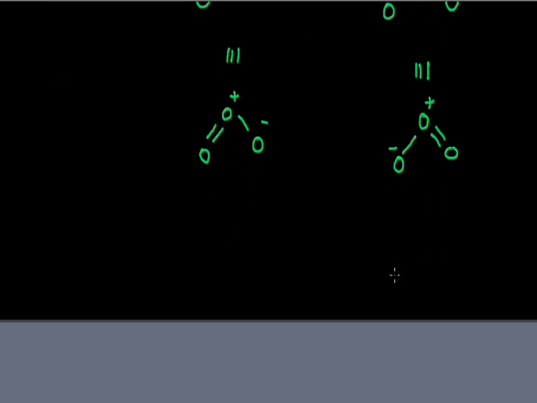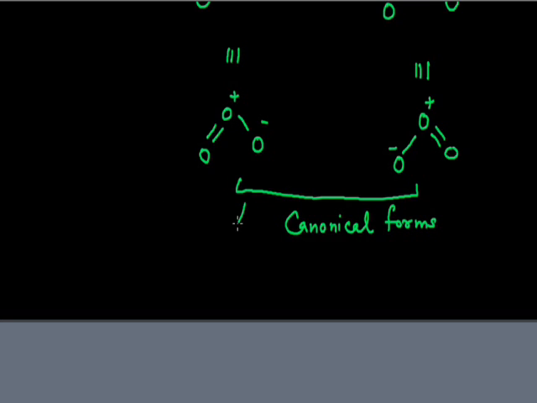If we compare these two, we'll come to know that these two structures are the canonical forms for the ozone molecule. And the resonance hybrid will be like this, where we cannot define the exact position of the double bond or the charges on the atoms. This is the resonance hybrid for the ozone molecule.